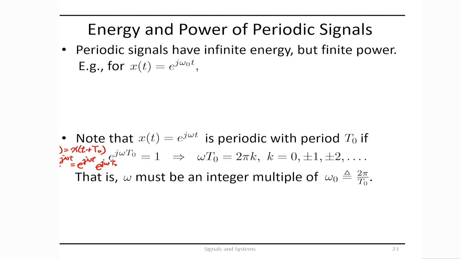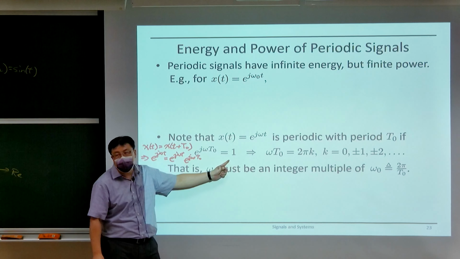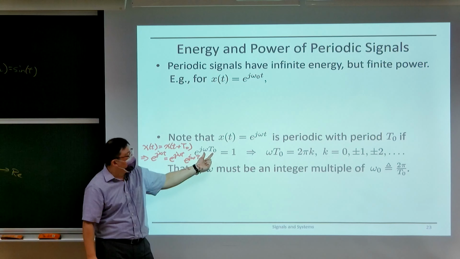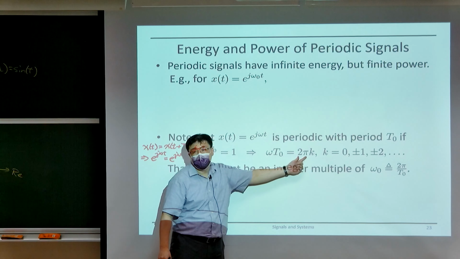And in order for this to be true, e to the j omega T naught must be equal to 1. This can only be true if omega T naught is an integer multiple of 2 pi.